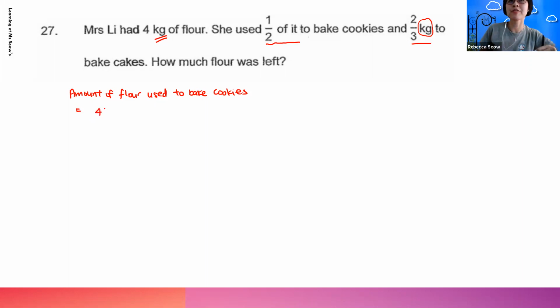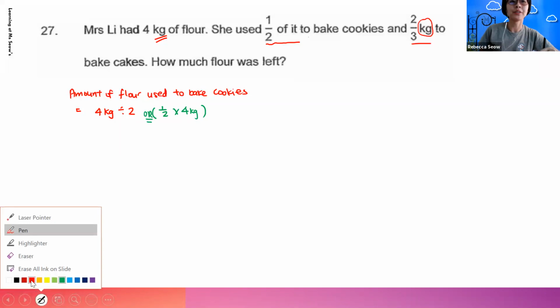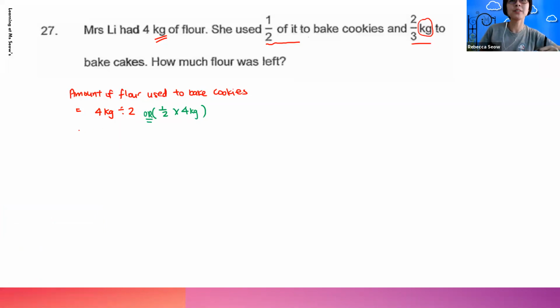So you could take 4 kg divided by 2, or you could do it this way, half times 4 kg. So I'm going to put the word or here. So from here, you'll realize that the amount of flour used to bake cookies is actually 2 kg.